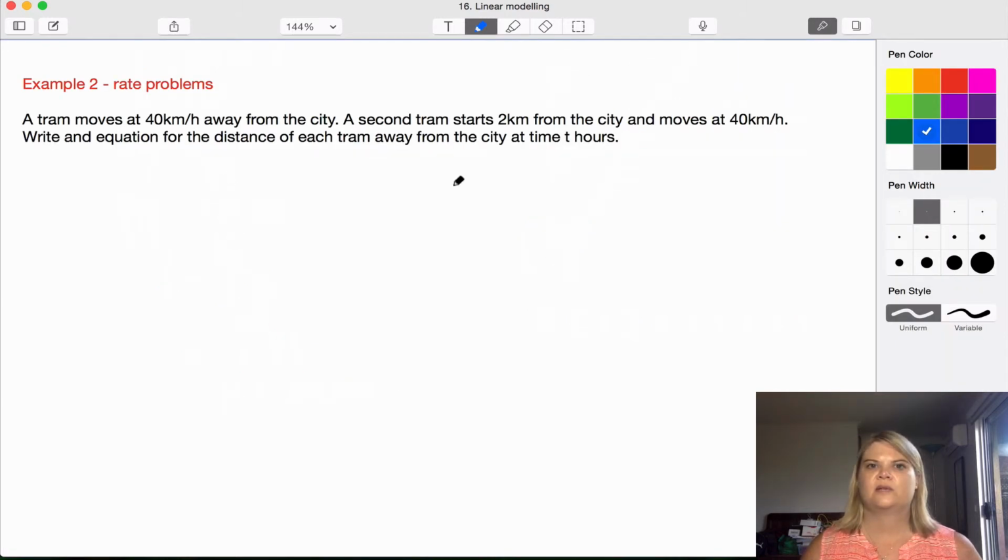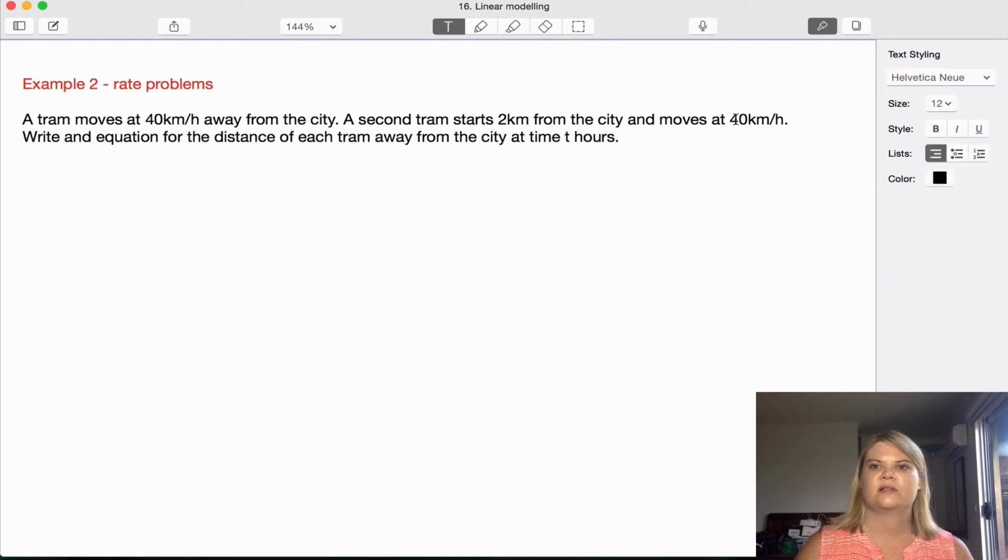A second example here is an example using speed. It says a tram moves at 40 kilometers an hour away from the city. A second tram starts 2 kilometers from the city and moves away at, I'm going to change that to 30 kilometers per hour, so it's different.